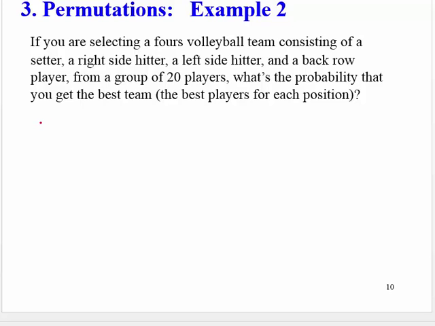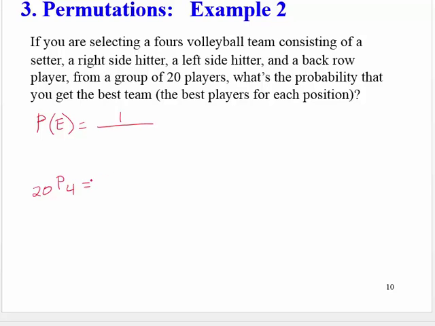And so, let's calculate the probability of this. Probability of our event is just equal to, well, there's one way to get all the best teams out of how many? Well, we have 20 players, order matters, and we want 4. So that's going to be 20P4.